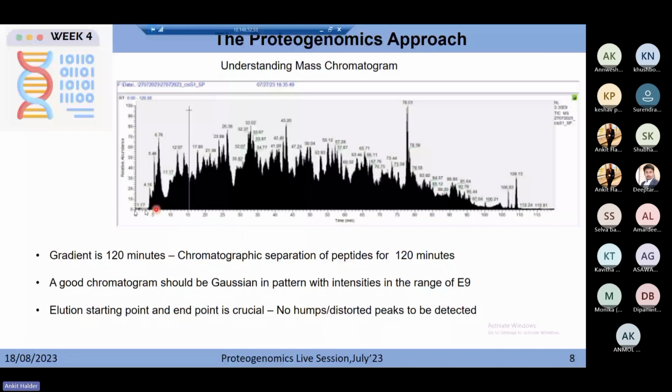For example, here it is from 0 to 120 minutes, meaning for 2 hours the peptides were eluted out based on the different gradients, and then detected in the mass spectrometer. We need to elute the peptides so that they can come out and the ions are generated.